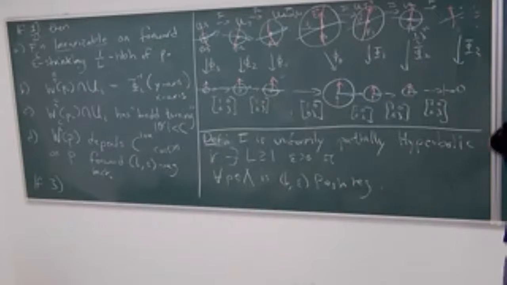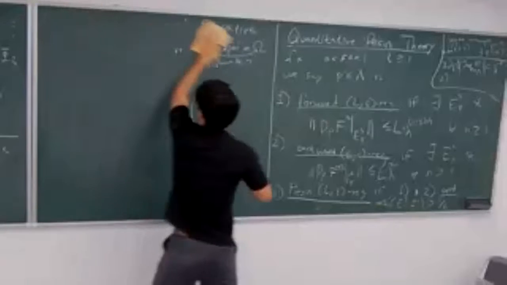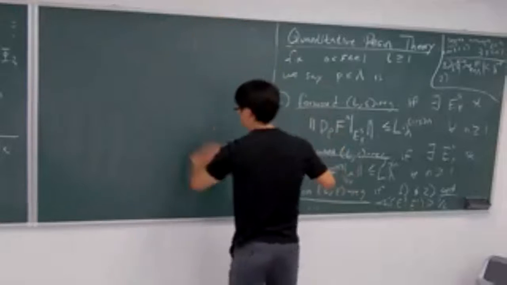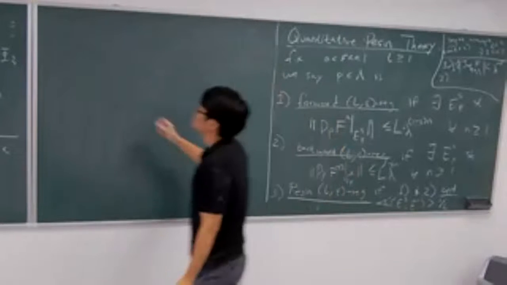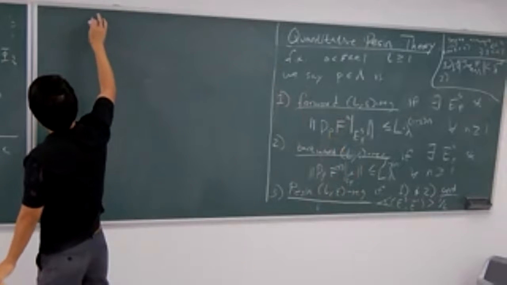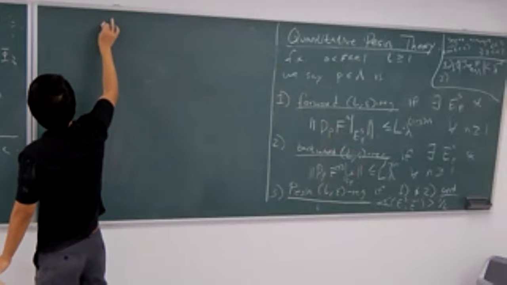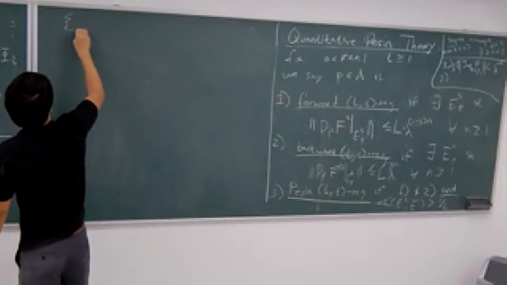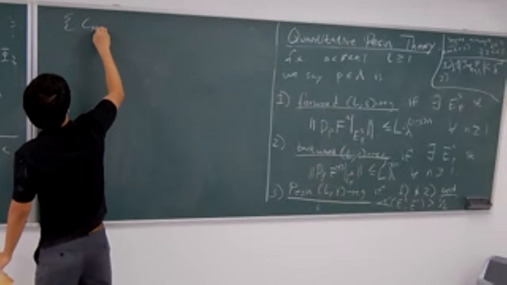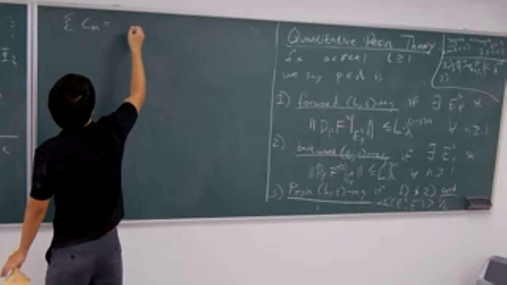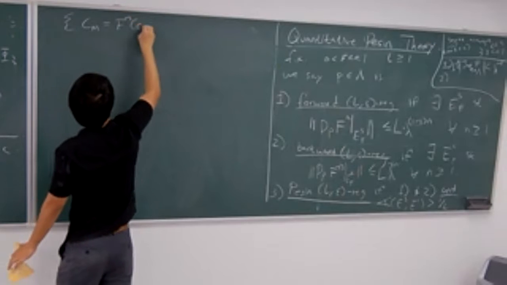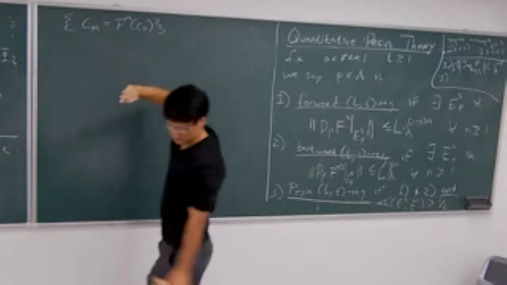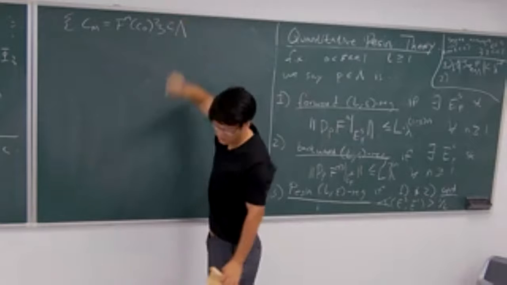And what destroys the uniformity, and then probably at the end. So let's say Cm, which is defined as the m iterates of C naught, and this is in the odometer.